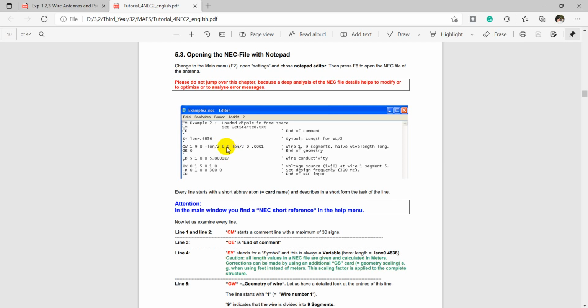Then the 0 indicates x2, the value in the direction of the x-axis at the opposite end from x1, which is 0. Then length divided by 2 indicates the value in the y-axis in the positive direction, and the 0 indicates z2, the other end on the z-axis, which is 0.